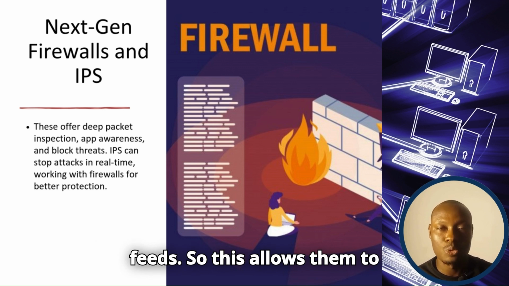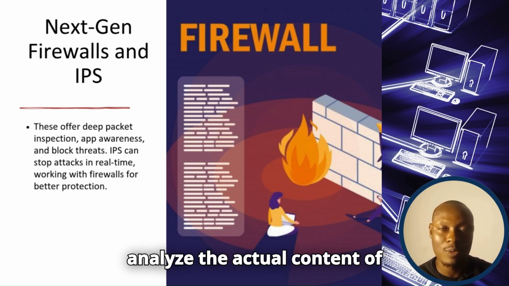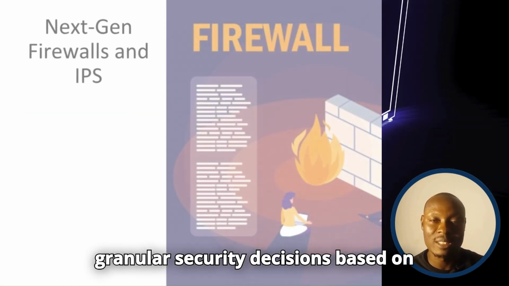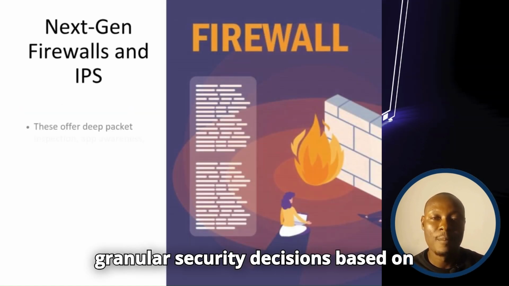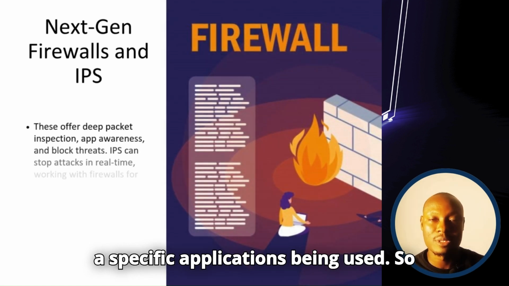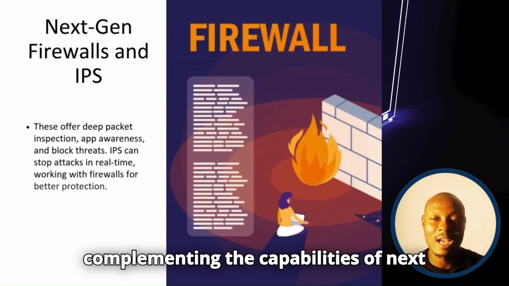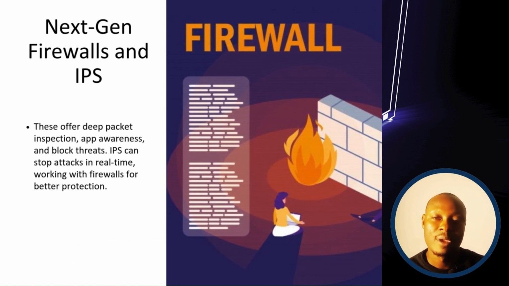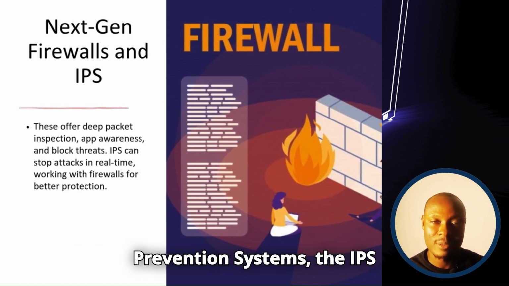So this allows them to analyze the actual content of network traffic and make more granular security decisions based on the specific applications being used. So complementing the capabilities of next generation firewalls are intrusion prevention systems, the IPS.